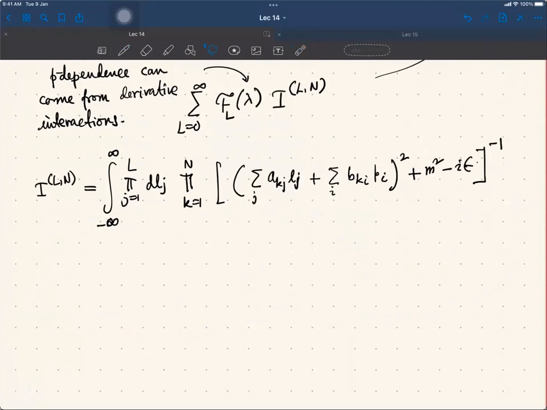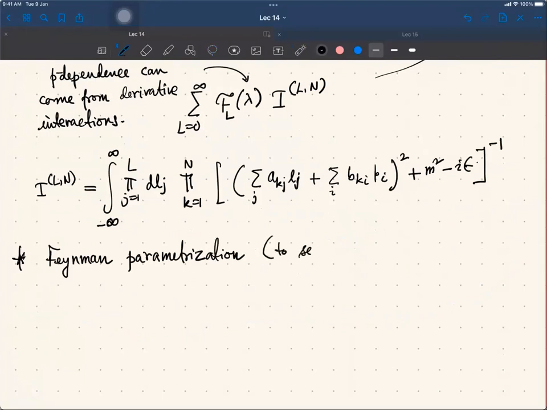To see that, we will introduce what is called Feynman parametrization.